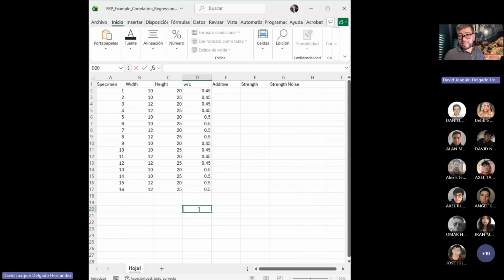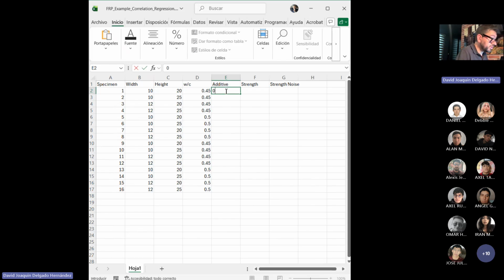The additive helps to carry out, for instance, the drying process of the cement more quickly if you add some additive, okay? Or you can get a better resistance if you add some additive. So that is the idea of the additive, okay? So the first 8 will not have any additive.